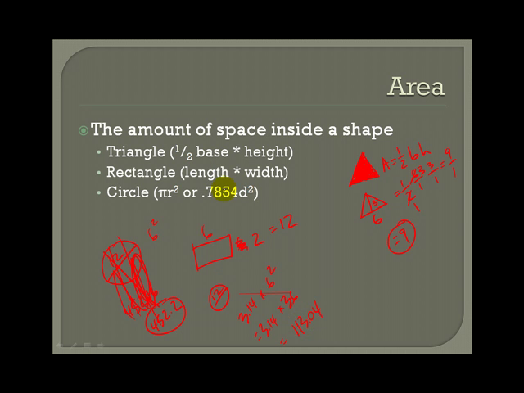Or we can say 0.7854 diameter squared, which is 12 squared, which equals 144 times 0.7854. 144 times 0.7854 is going to give us 113.09. So the difference here, 113.0 versus 113.1, not a significant difference. It just has to do with where we rounded and that sort of stuff.